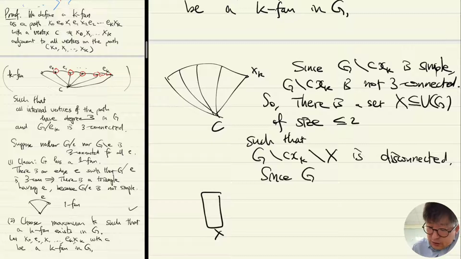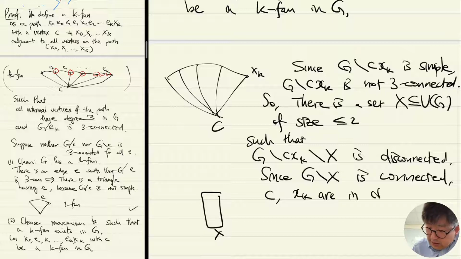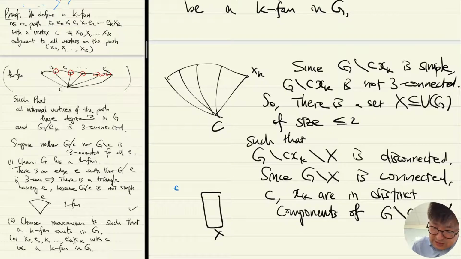Since G delete X is connected because the graph is 3-connected, c and xk are in distinct components of G delete cxk delete X. So that's this picture, we've seen it already. This is c, this is xk.